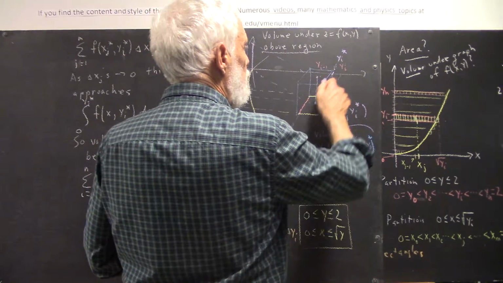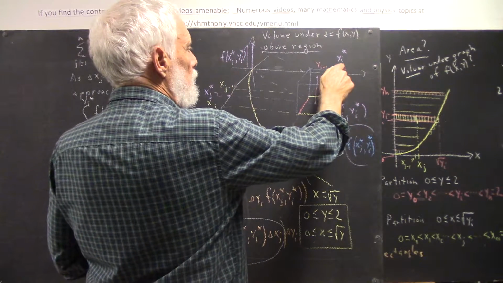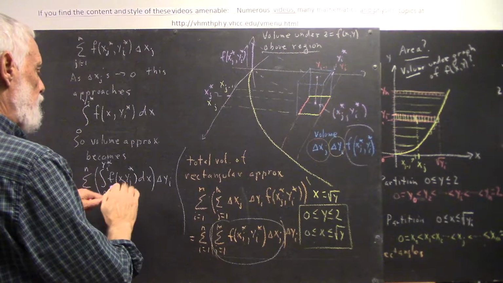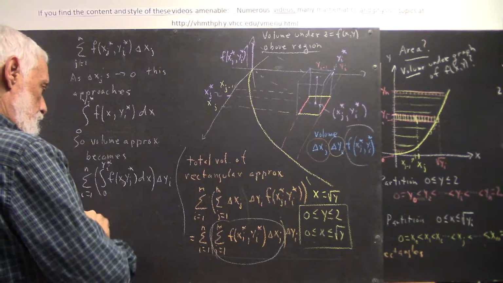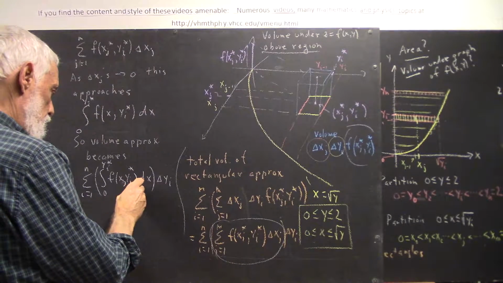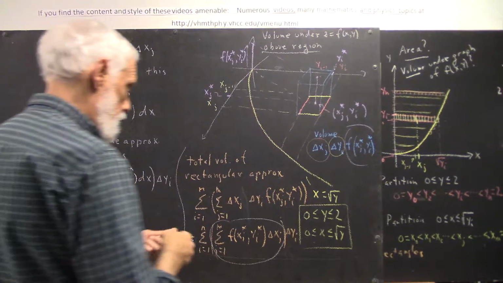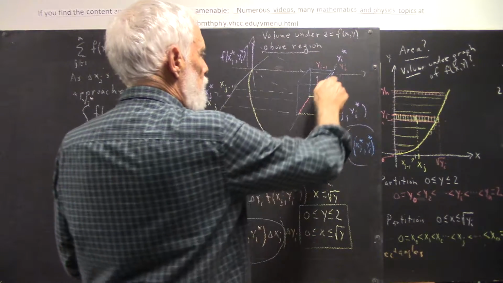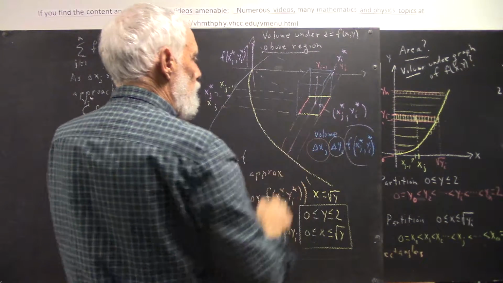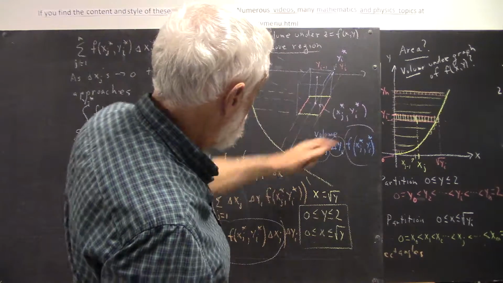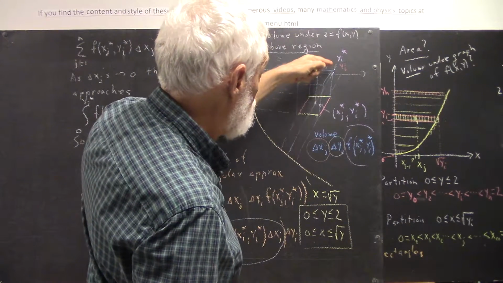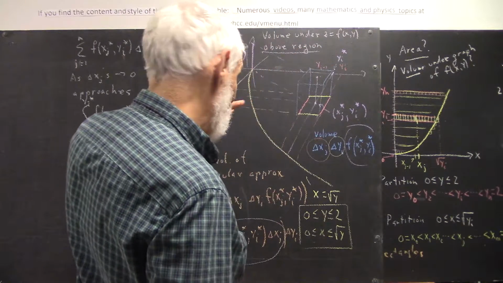If I'm confining myself to one single y sub i star, then I'm confining the function to the part of the three-dimensional graph above this line here where y equals y sub i star.